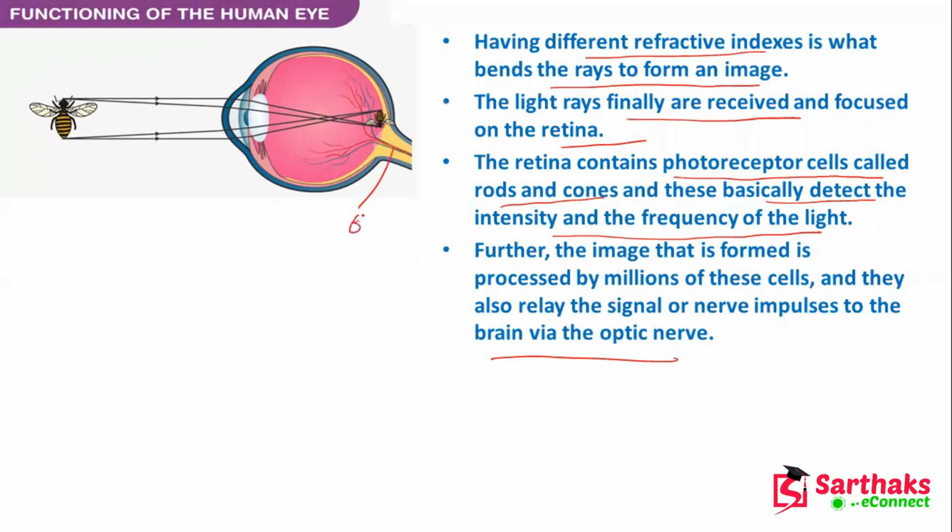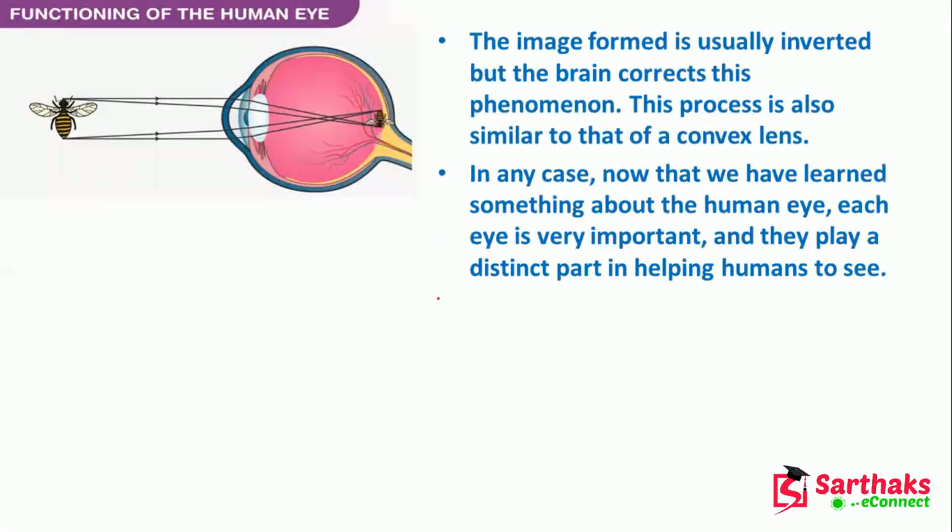This is the optic nerve. Via the optic nerve, it will go to the brain. And the image formed is usually inverted. Here you can see the inverted image. And the brain corrects this inverted image, and this process is also similar to the convex lens.